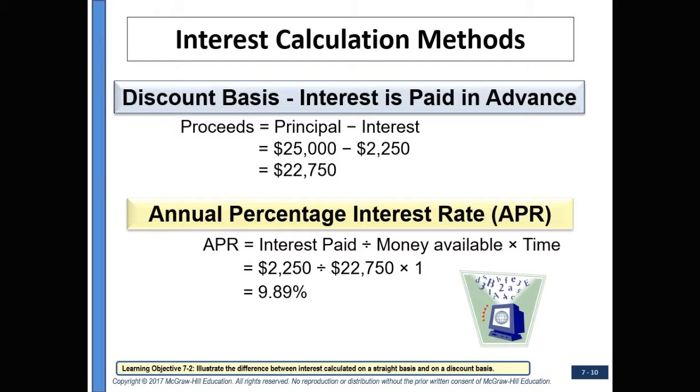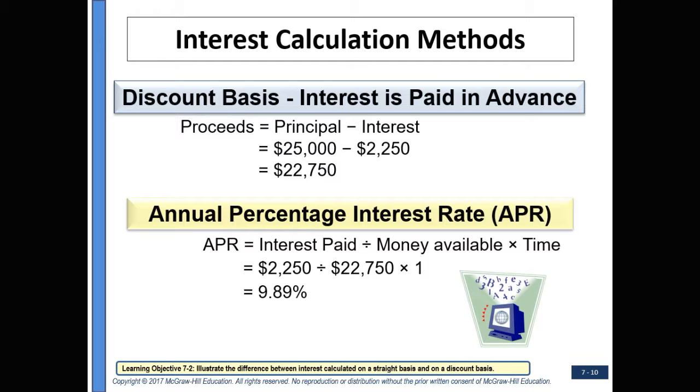Now, discount. This is a different way that a loan can be provided. So a loan can be provided on what's called discount. The cash proceeds, what your company receives for the note, is provided on the discount basis, which is the principal minus the interest on the front end.